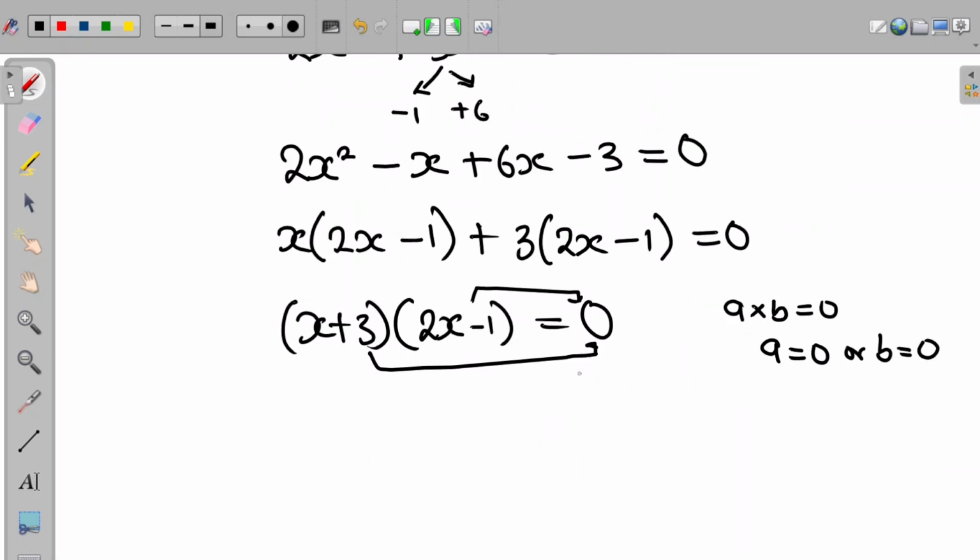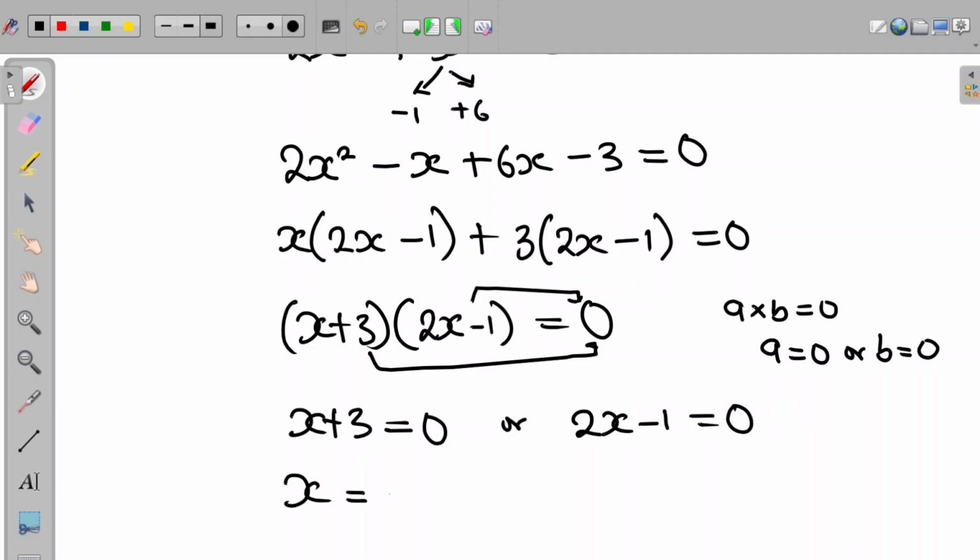So at this point, if we move 3 to the right-hand side, we have that x is equal to negative 3. Also, this becomes 2x equal to 1.